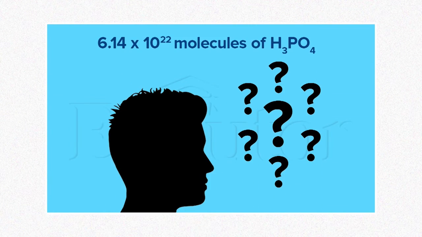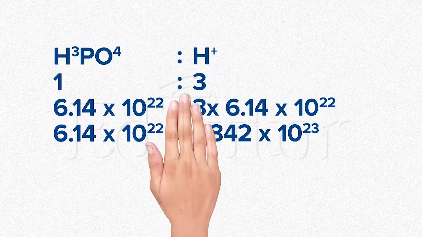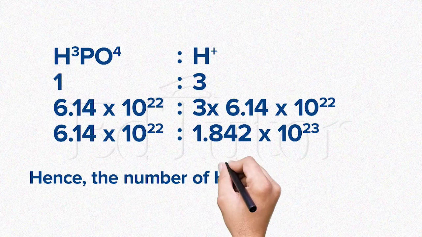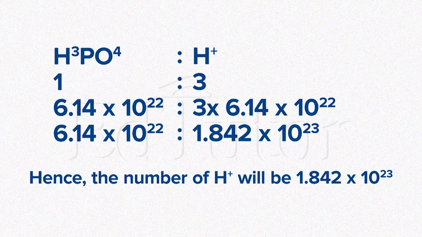Can you recall how in the first part we calculated how many molecules we have for this sample, which was 6.14 into 10 to the power 22? Now, we will simply multiply this number by 3 and get 1.842 into 10 to the power 23, which will be the number of hydrogen ions, H+, for this sample.